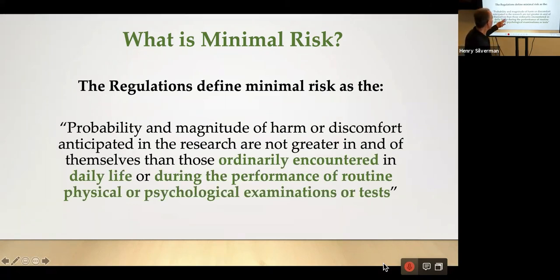Okay, it's a two-part definition. Or during the performance of routine physical or psychological exams or tests. Okay, so one, not greater than those ordinarily encountered in daily life, or during the performance of routine physical or psychological examinations or tests. Okay.